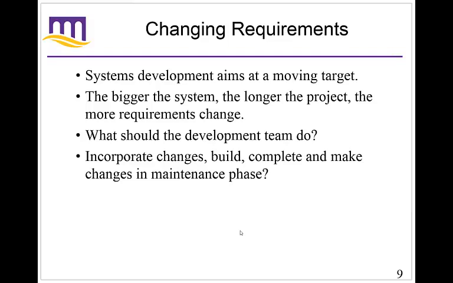All right. So you have to incorporate changes, build, complete, and make changes in the maintenance phase as well. So, in an example for our Pride system, what happens if, in the middle of the development process, a major health club shows up and says, hey, we have this lucrative contract proposal. We want to be included into the Pride system.